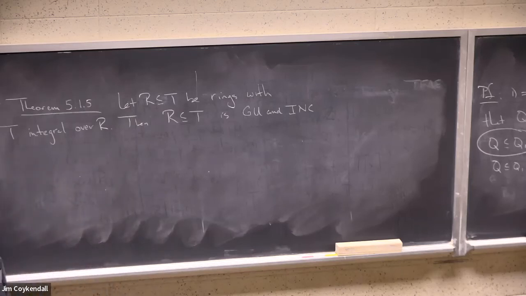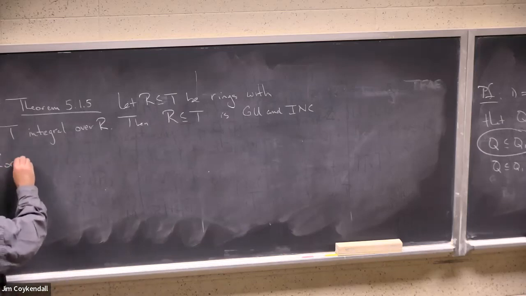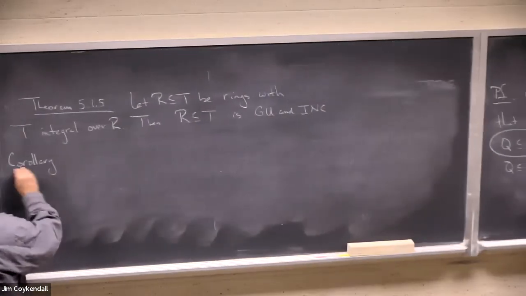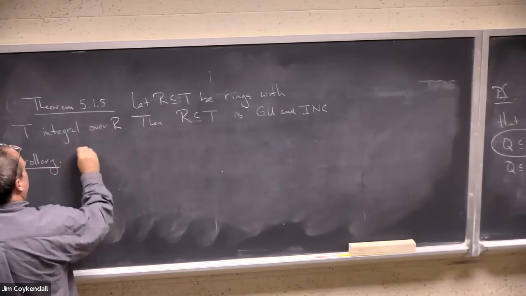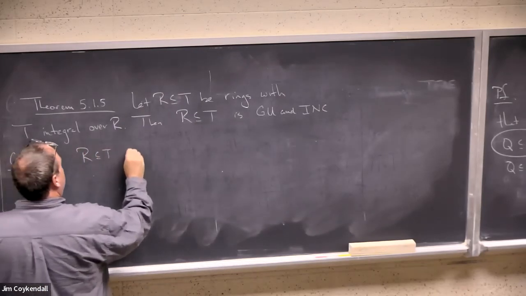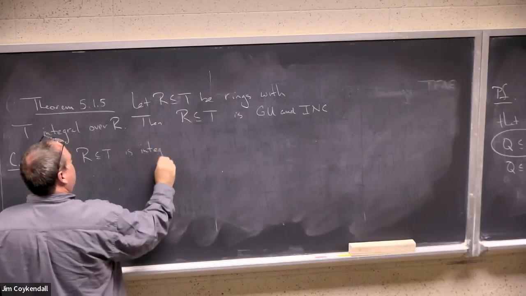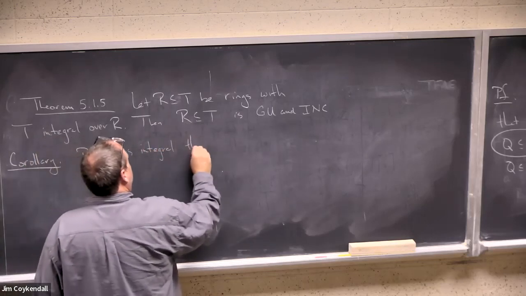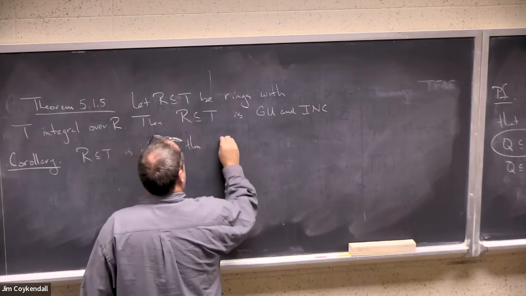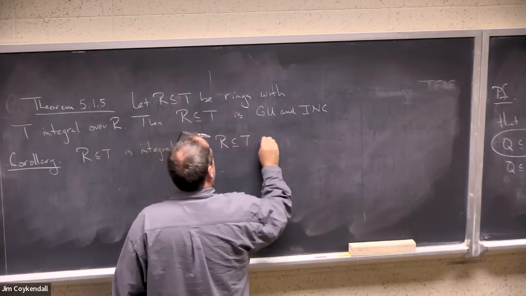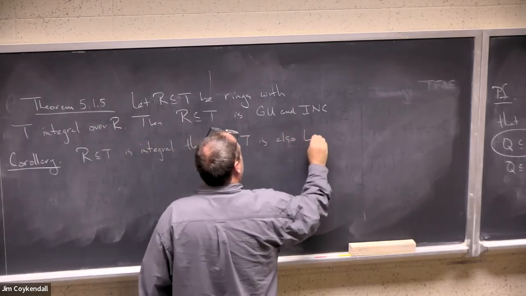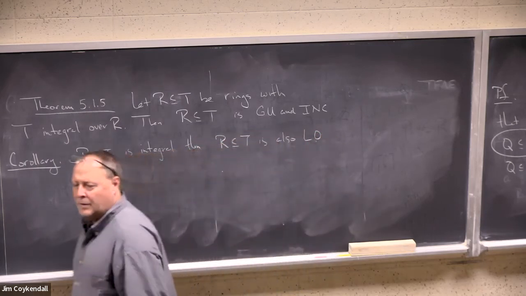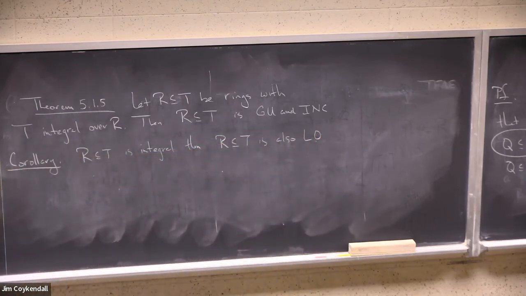Let me give you a couple of corollaries actually. Okay, so that one's a little bit silly because we already know that anything that's integral is going up. So we kind of get that.